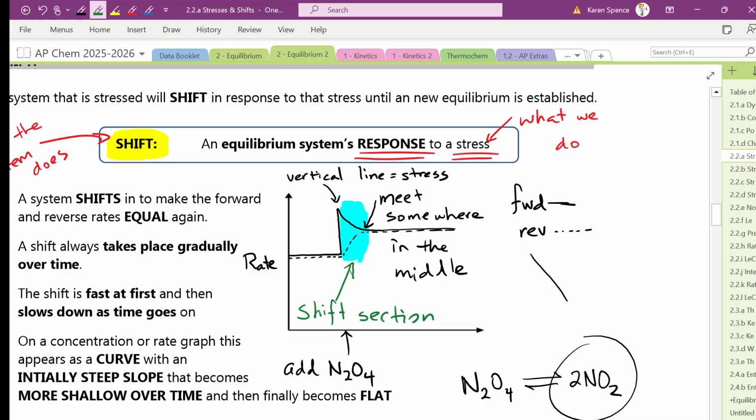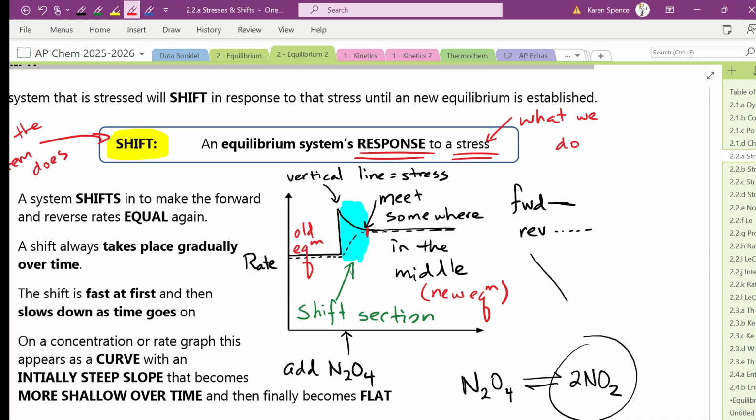So we have our stress, we have our shift, and what happens when they meet? What's happening right when they meet? We have a new equilibrium. And over back here, we had our old equilibrium. Okay. So that's what rate diagrams are going to look like.